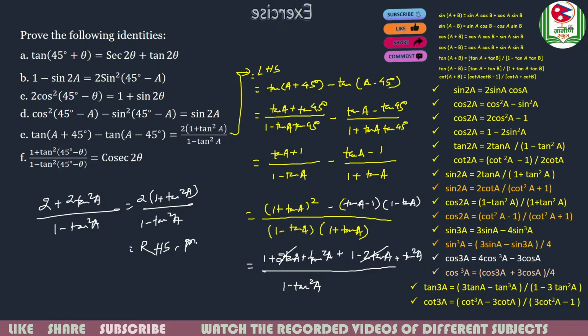Proving this LHS using RHS is going to be tough, because we have to think about all these things. But if you use this LHS and prove RHS, then it is just simplification. You just have to simplify, and finally you are going to get the result. So it's very easy.